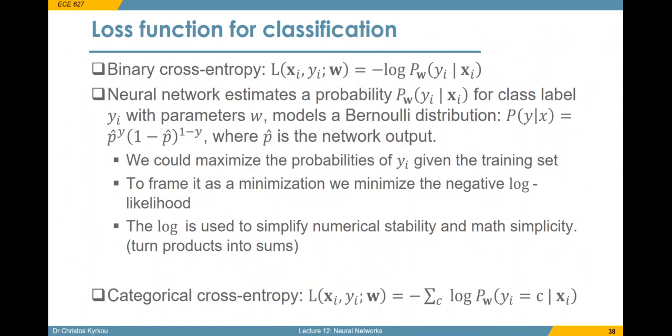And we also take the logarithm of this probability so that it makes the computations easier later on. An extension to this is the categorical cross entropy loss, which is a summation of the multi-class probabilities. That is the probabilities for each of the different classes. And this sum stems from the fact that we again use logarithms rather than standard probabilities.